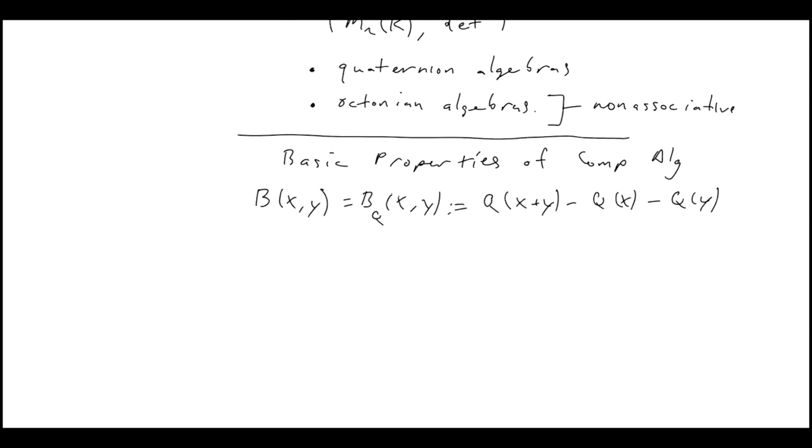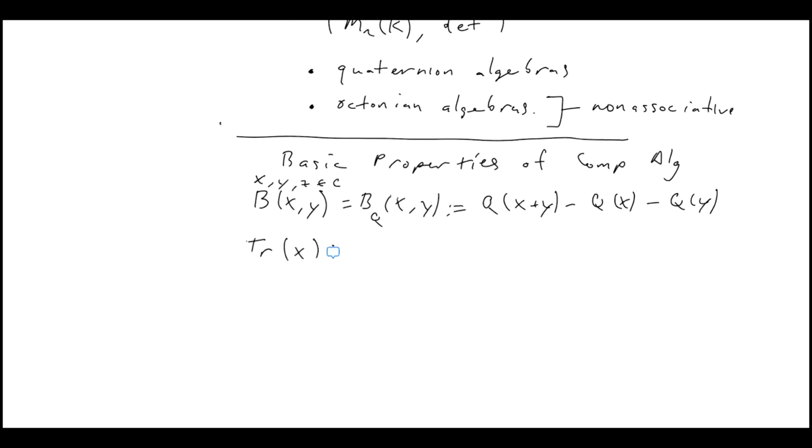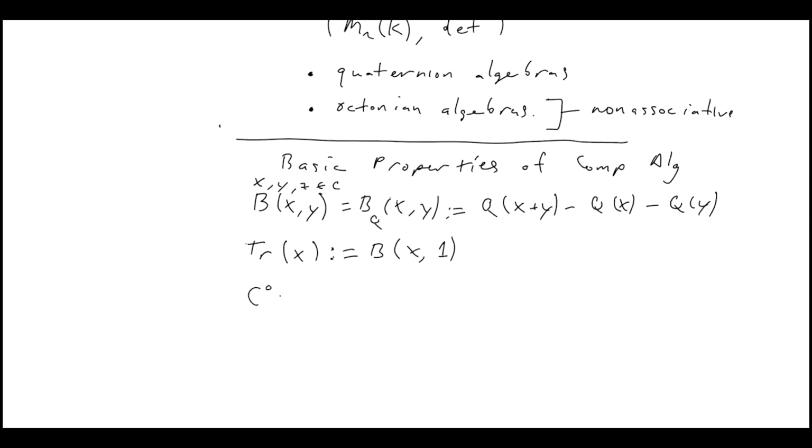We can define a trace. So actually, let me say throughout x, y, and maybe z, these will just be coming from our composition algebra C. We'll define a trace as just being the pairing of x with the identity, the unit in C. And so then we can also introduce the trace zero elements.